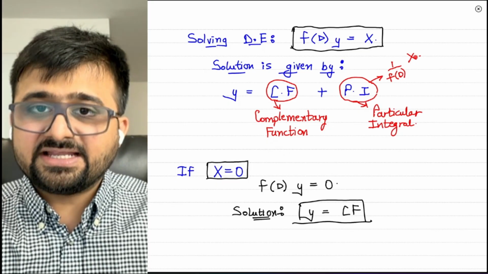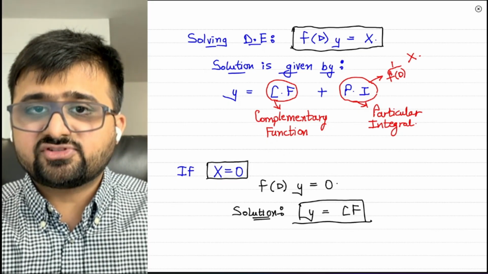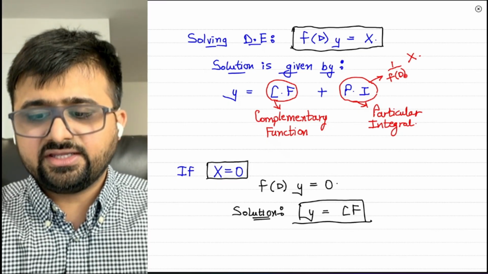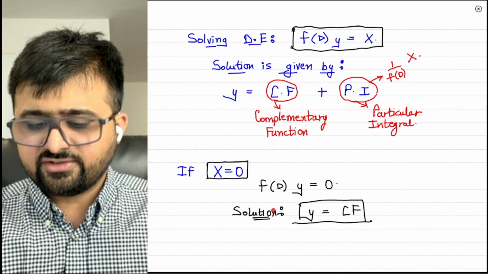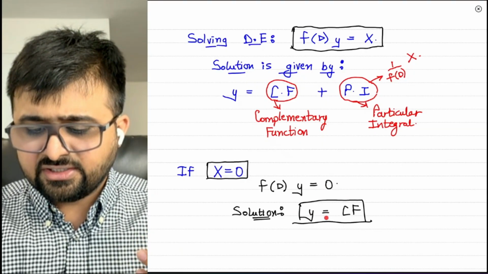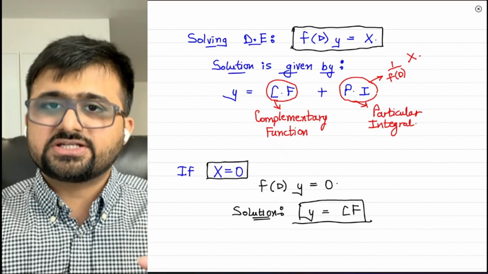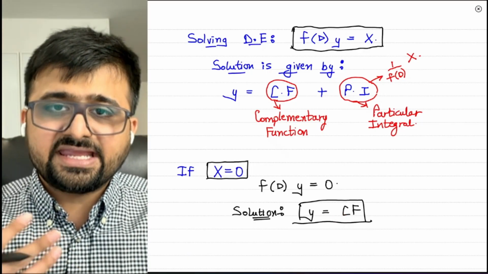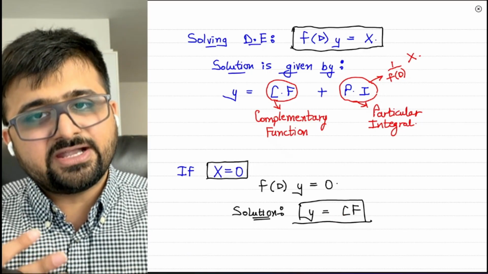Because capital X is 0, 0 times this returns particular integral equal to 0, which is why the solution of the differential equation f(D)y = 0 is y = complementary function.